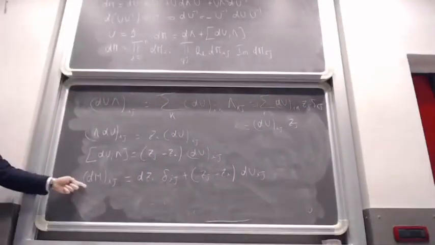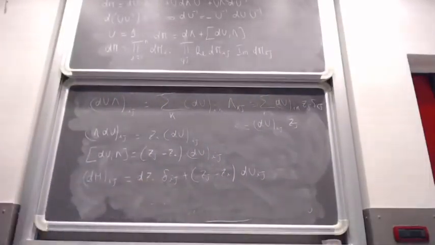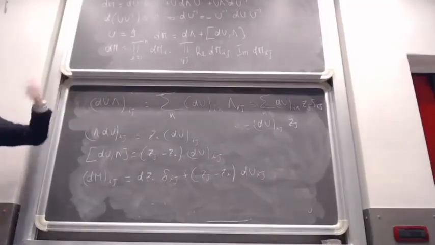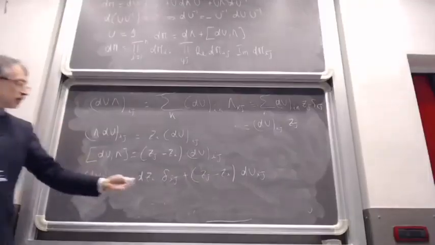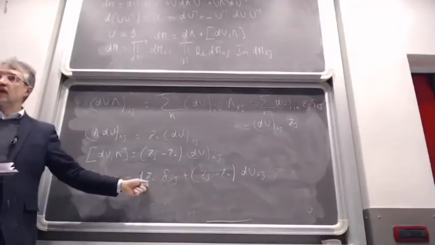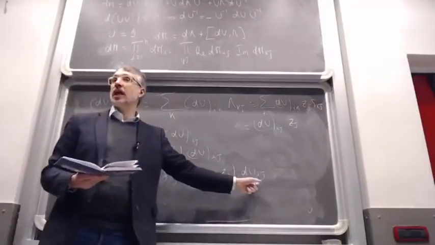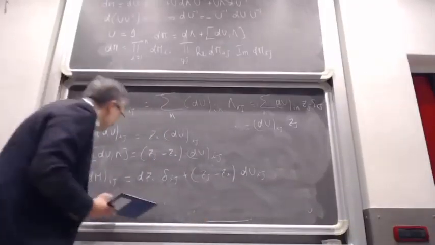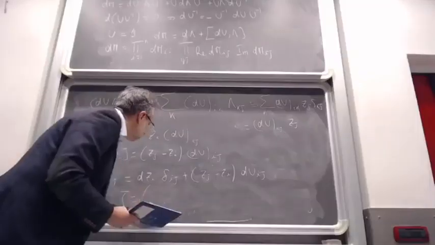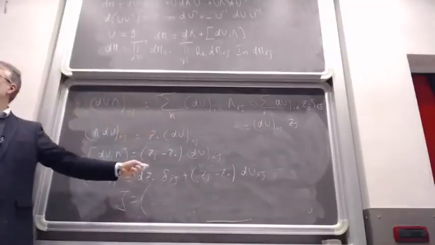This expression contains the Jacobian of the transformation from the Lebesgue variables M_ij to the new variables, which are the diagonal variables, the eigenvalues, and the non-diagonal degrees of freedom, the U_ij. What is the Jacobian matrix? We can just read it from here.